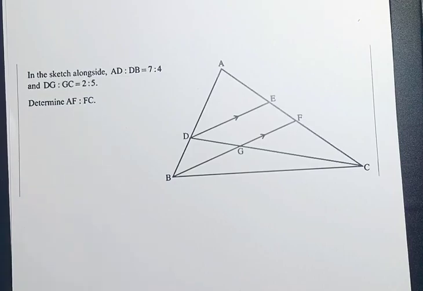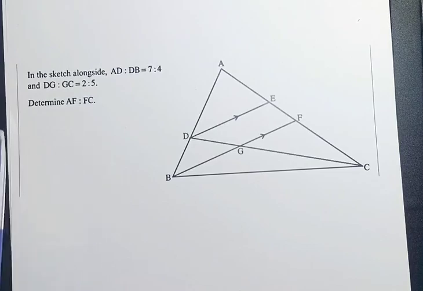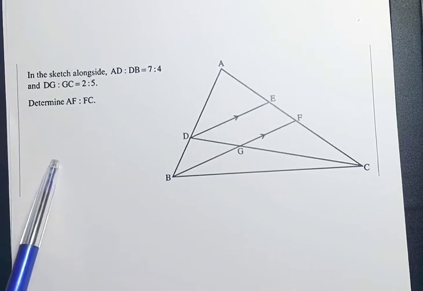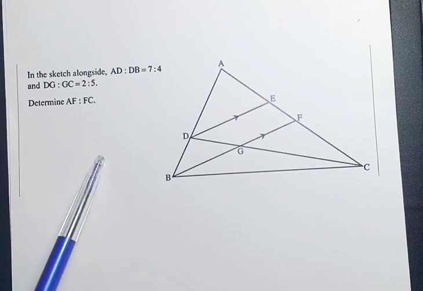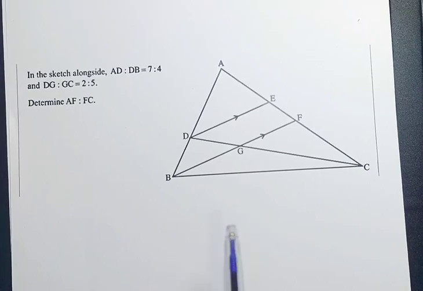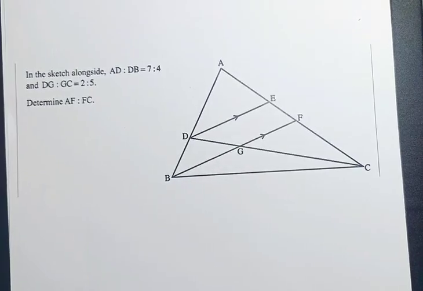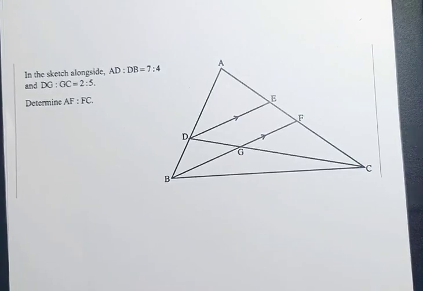Remember, you can write a ratio in fraction form as well. I can write AF over FC, and from fraction form you can write in ratio form as well, AF ratio FC. Now we need to first write all of these into the sketch so that you will understand how to do this one. Have a look.